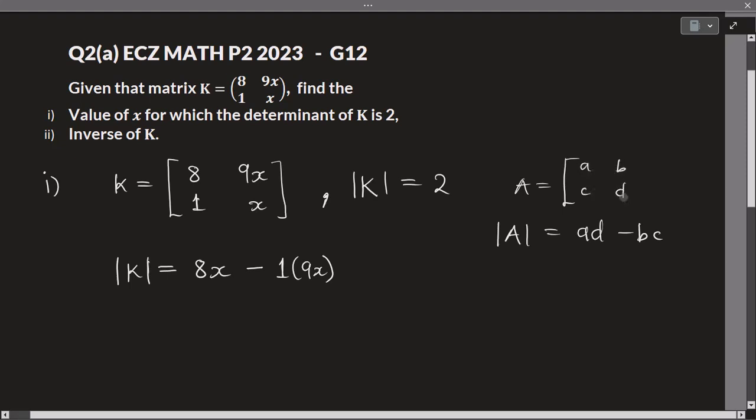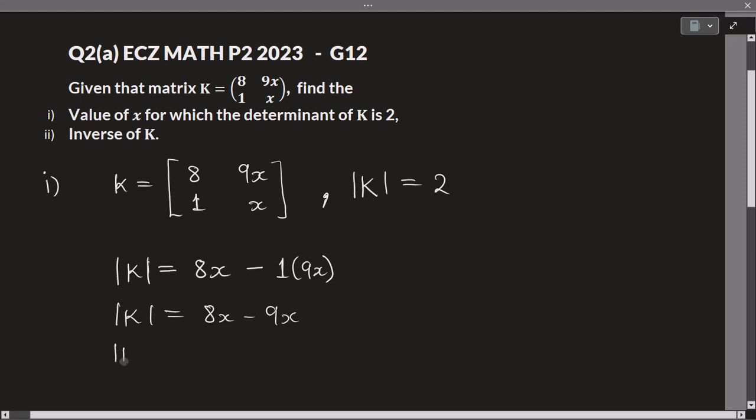In books, you might see these letters arranged in a different way, which will in turn change this formula. So it doesn't matter the formula you're using, but the actual process that you're following. So we have written the formula definition here. So we have 8x minus 9x. What we see is our determinant using the elements in our matrix gives us negative x.